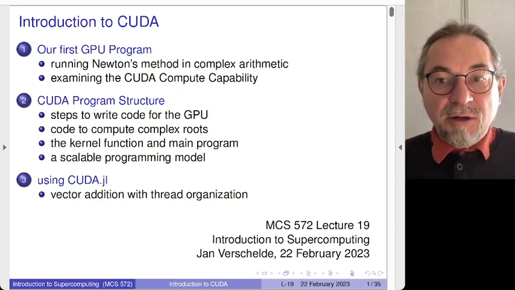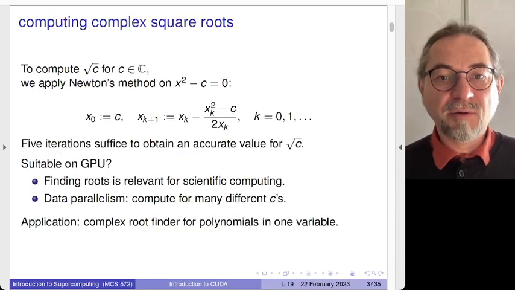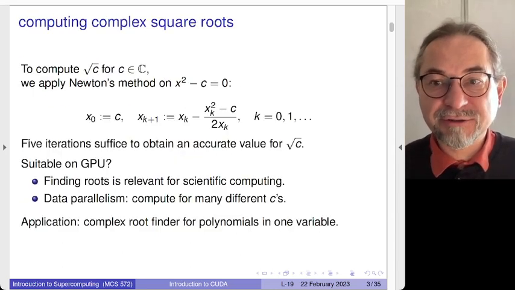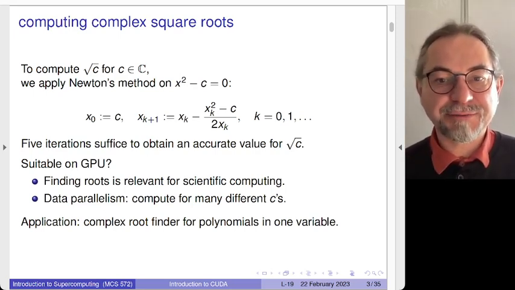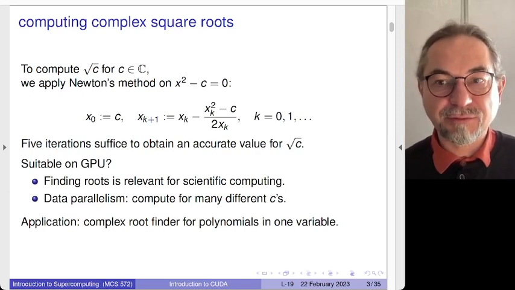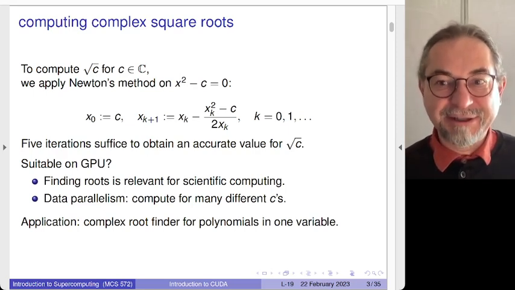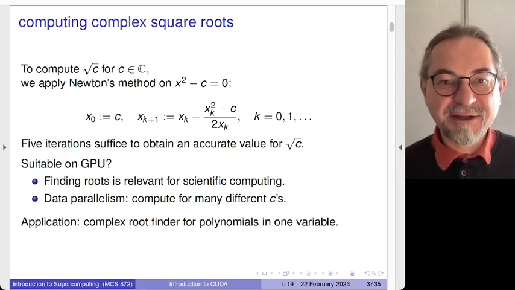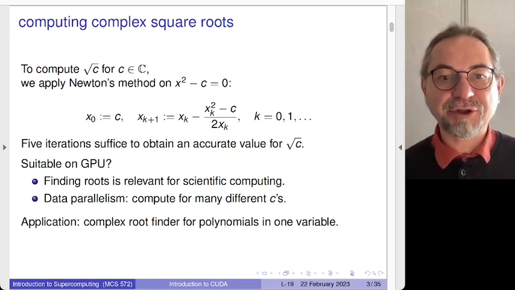So, what is the running example? What is the main example for this lecture? Well, I will consider the computation of a square root, but then the square root of many numbers. So in some sense it's a little bit strange in the sense that I cannot directly think about why one would want to compute the square root of a huge array of numbers.